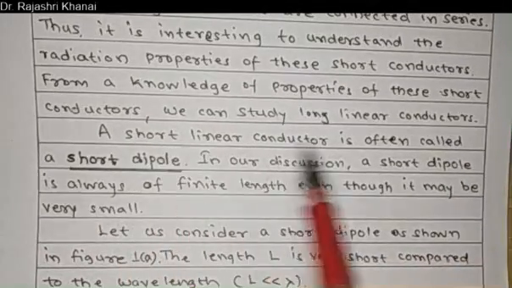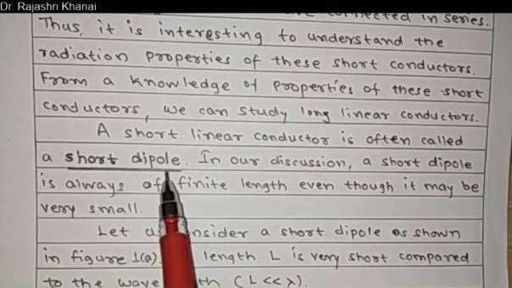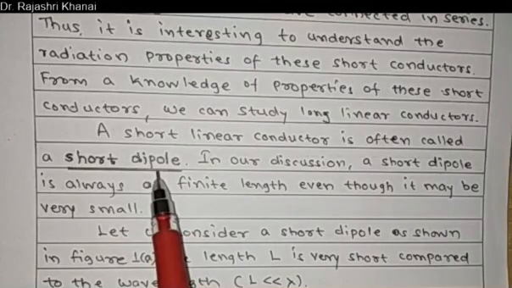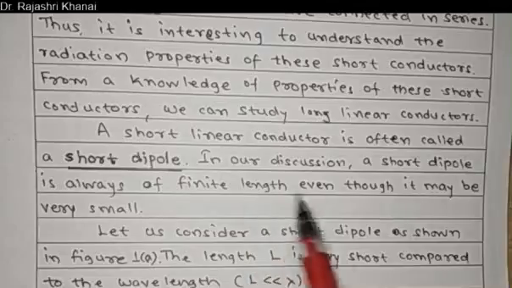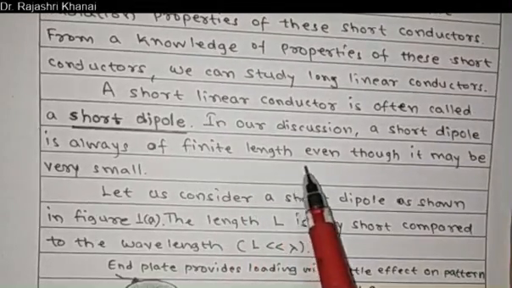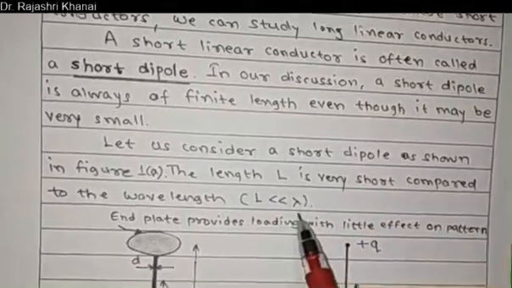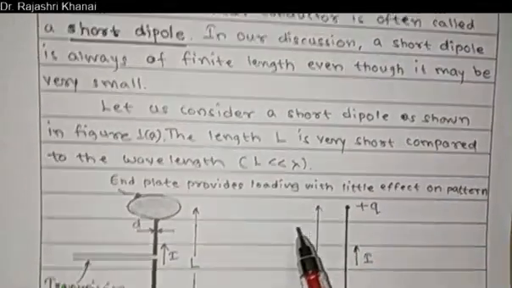A very short linear conductor is often called a short dipole. Short means the length should be very small compared to the wavelength of the signal. So in our discussion, we always define a short dipole as a finite length, even though it may be very small. So when L is very small compared to lambda, we call it a short dipole.